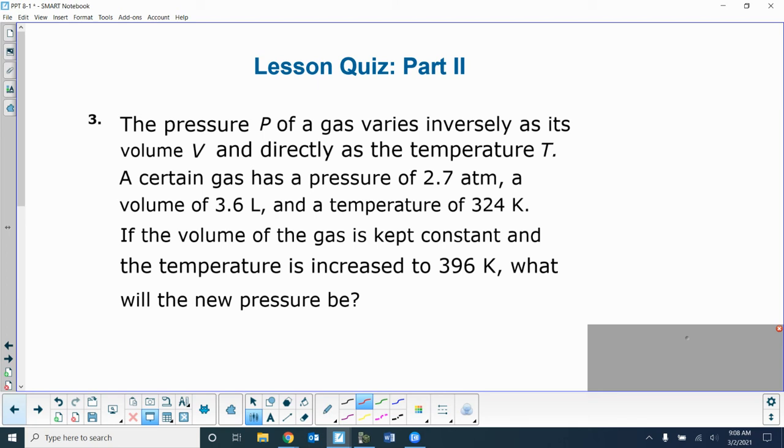We'll just solve for it. Okay. 2.6. Yeah, so it says that. Then it says, if the volume stays the same, right? Yeah. The temperature is that now, what's the new pressure?